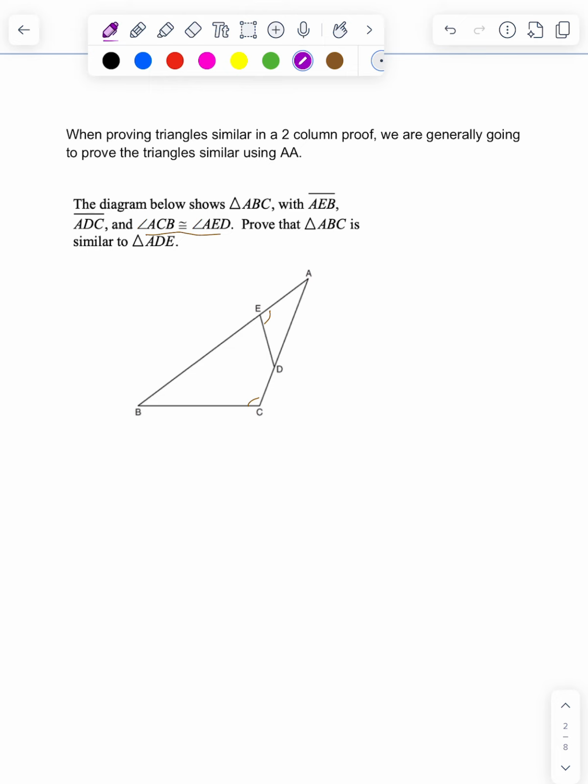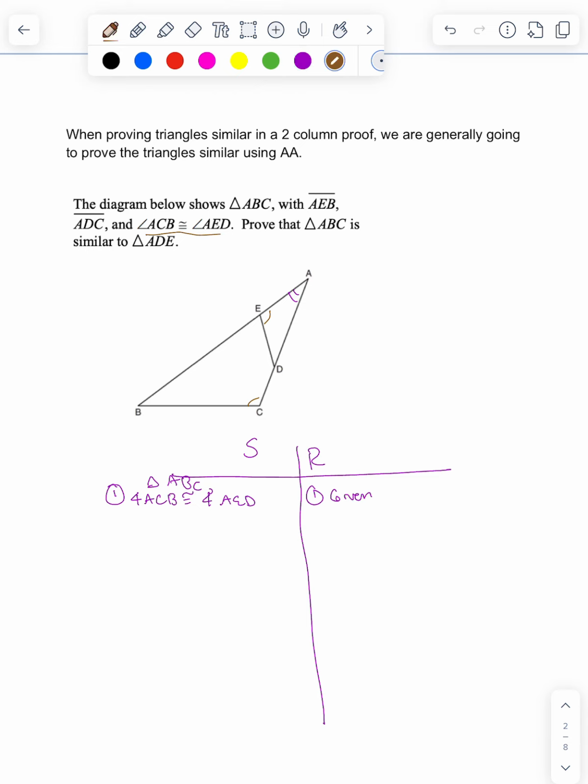So if I was writing this up in a two-column statement-reason chart proof, after I write the givens, one of my angles, the brown angles, comes from the givens already, so that's one of my A's already from the givens.